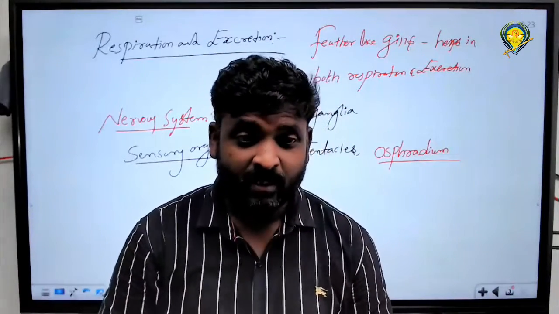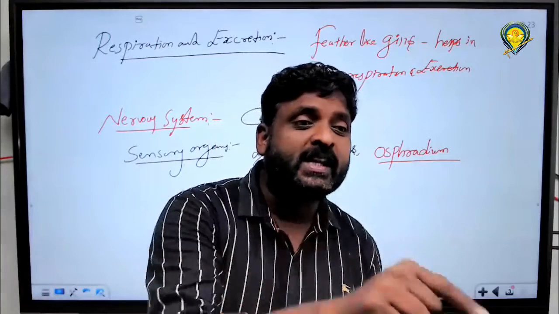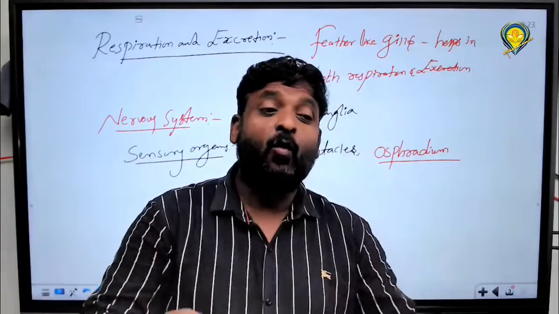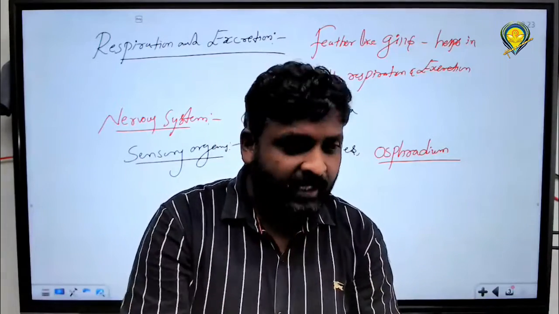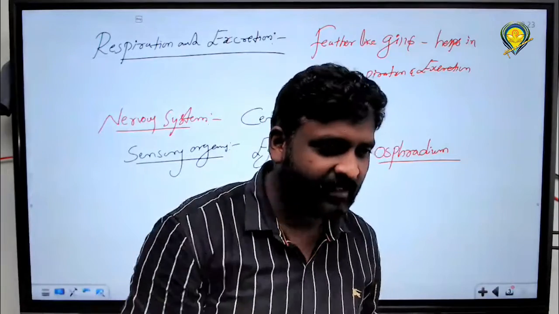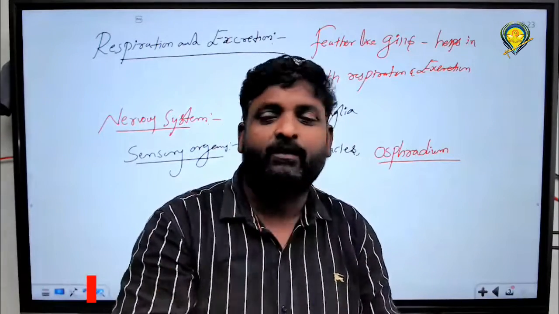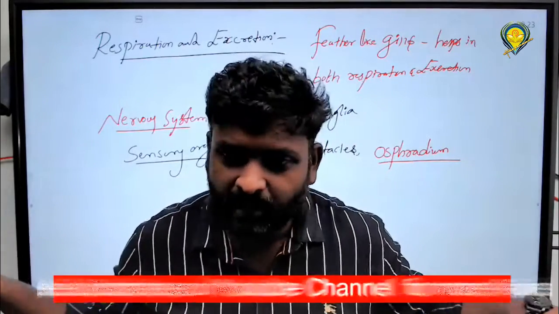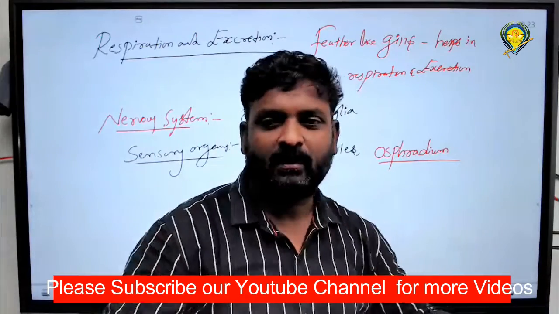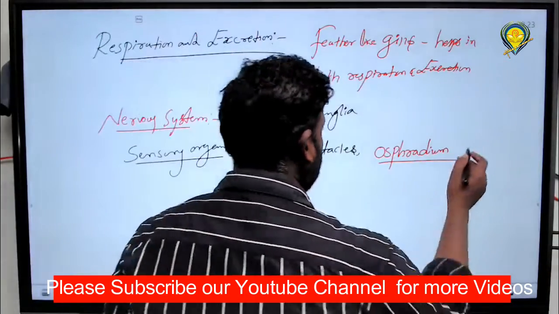What is the function of it? Detection of purity of the water, right? So water purity will be tested, and only then can it enter. Without testing the purity of the water, it will not enter, right? They are chemoreceptors. That's it. So please write it.